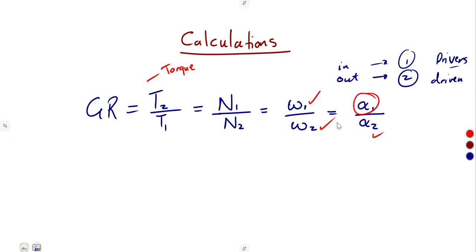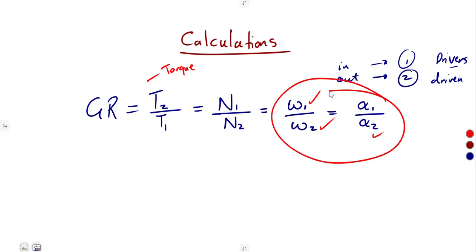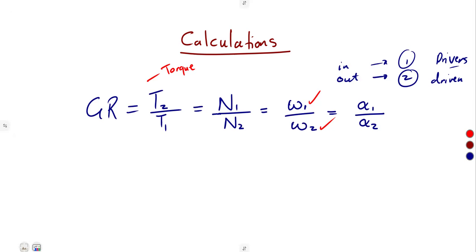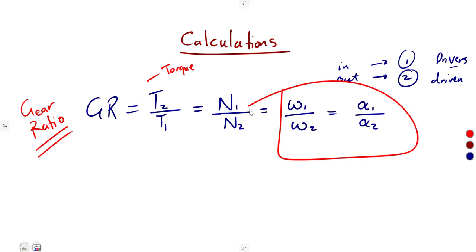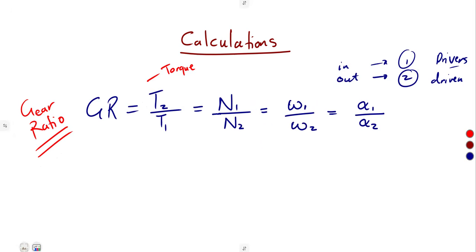We want to calculate this alpha 1, which is our angular acceleration in rad per square second. We can equate these two. So you see where the gear ratio can be used. So the gear ratio is very, very important.